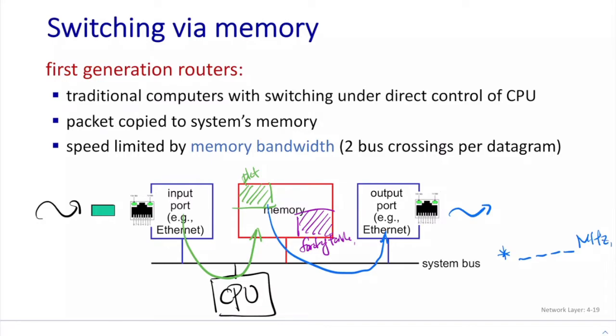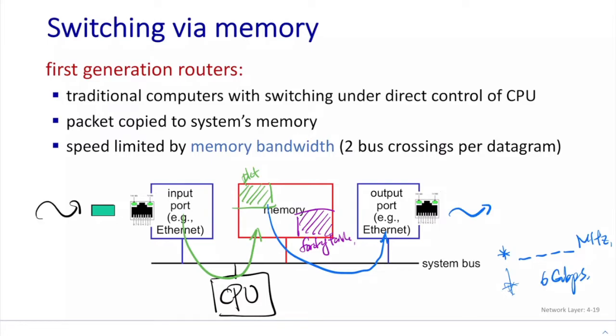But currently, the system bus should be 6 gigabit per second, certain numbers like this. So basically, the bottleneck is the system bus, because the system bus is not fast enough to forward the packet, because you have to divide the system bus by 2. Okay, so the bottleneck is at the system bus.